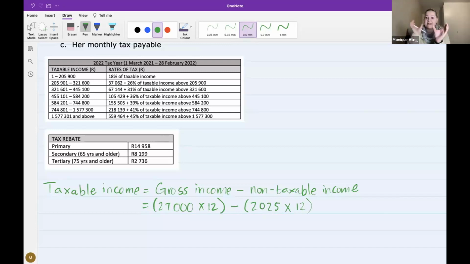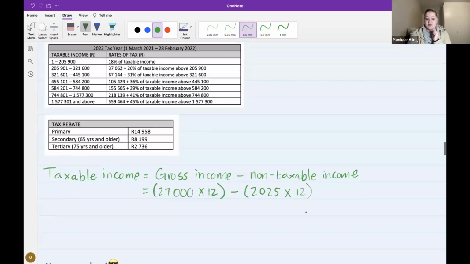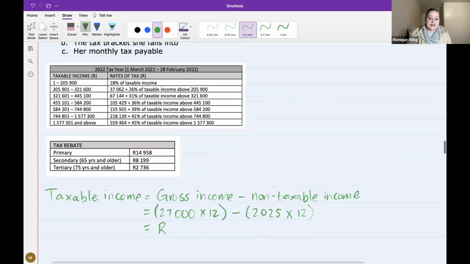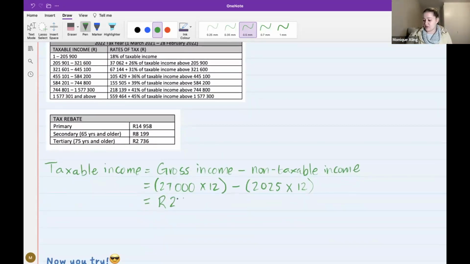So we can get the yearly amount for each. So that means the amount Leah can be taxed on is 299,700 Rand.